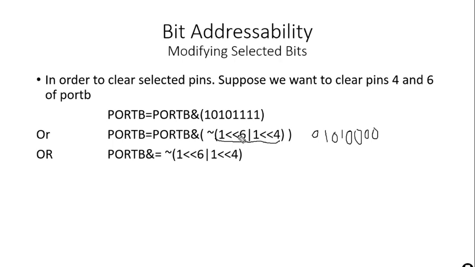If we invert it, this is the NOT operator, we will get 1 0 1 0 1 1 1 1. So we get a byte where all other bits are 1 except bit 4 and bit 6. Same as here.